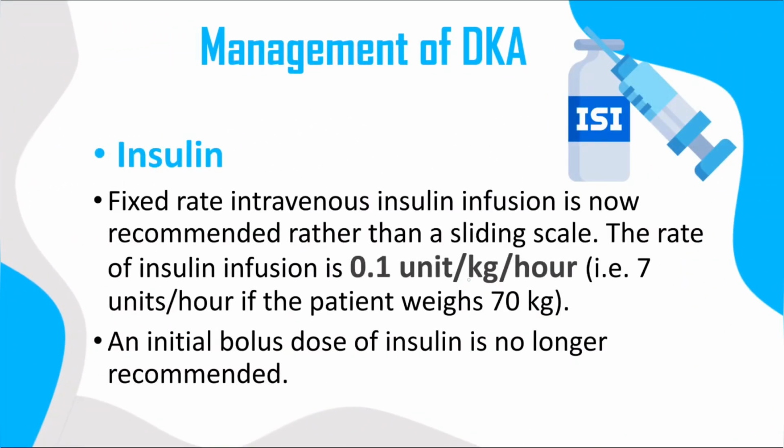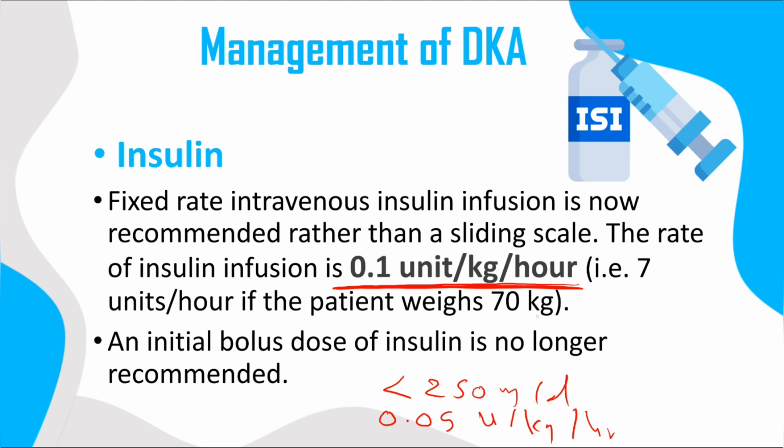The insulin is started at a rate of 0.1 unit per kg per hour. But if the glucose level is less than 250 milligram per deciliter, it's better to make the dose 0.05 unit per kg per hour.